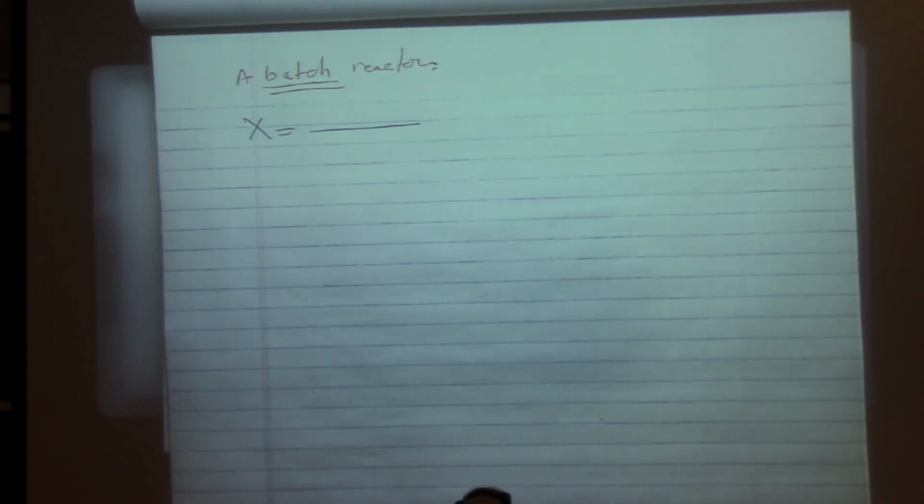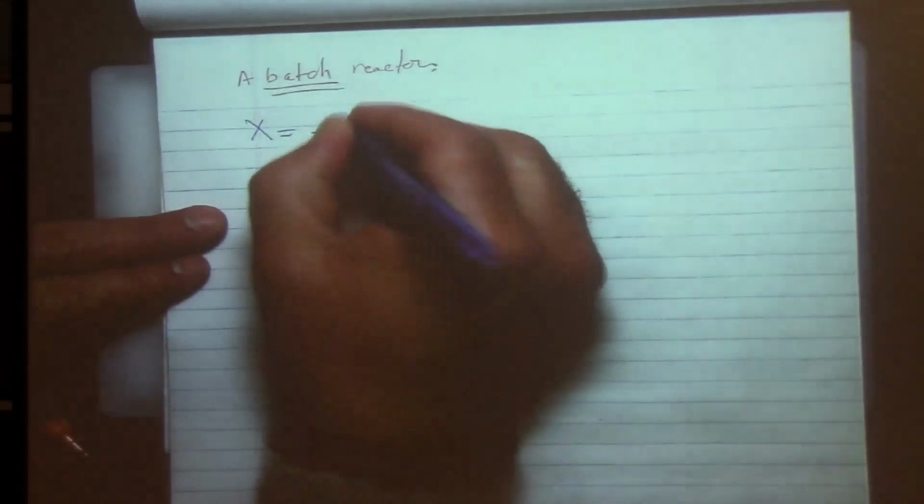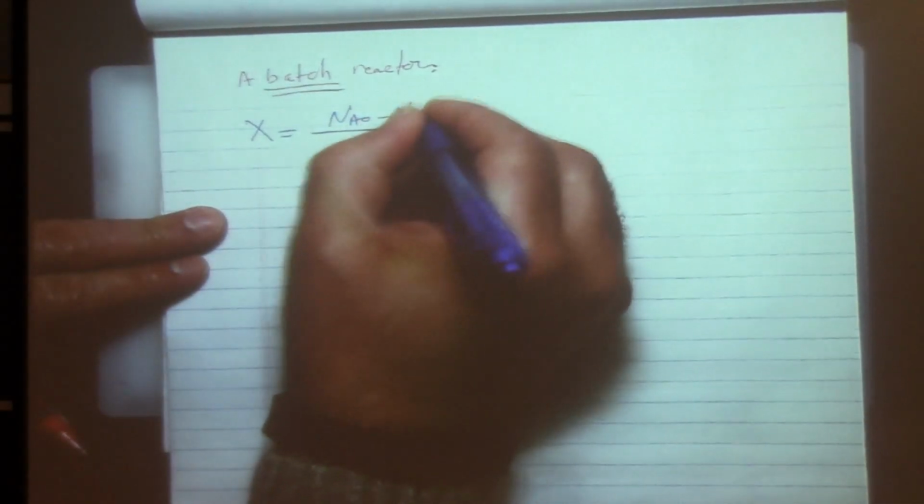So how much A is consumed is NA0 minus NA, and then divided by the total amount, NA0. So basically it's a percentage in a sense: what percentage of A is used. And we apply this to the limiting reactant, right? Correct? So X is NA0 minus NA, what of A is consumed, divided by NA0.